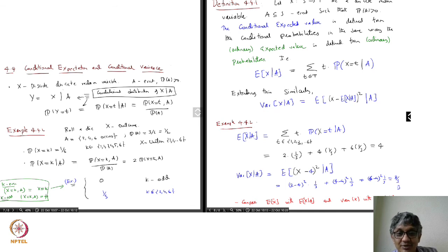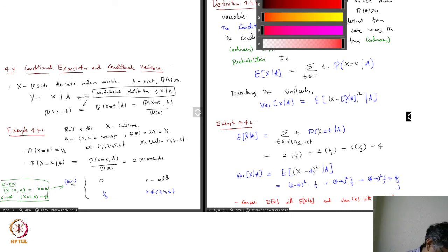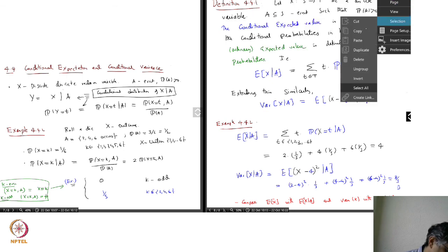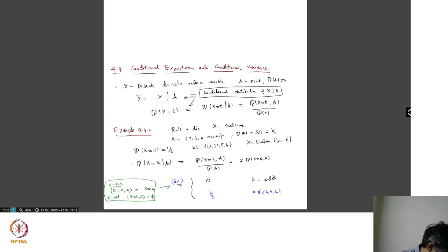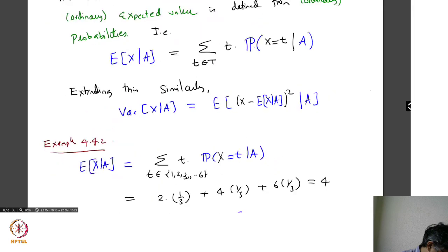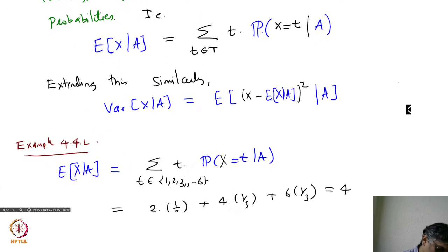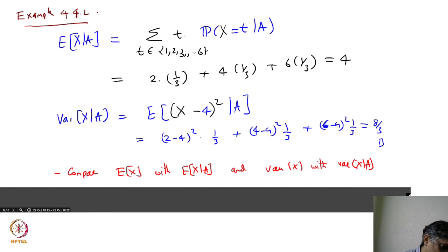So it's a nice way of understanding that the mean gets a little bigger. Here, E of x before was 3.5, and here it's 4, so it's a little bigger.